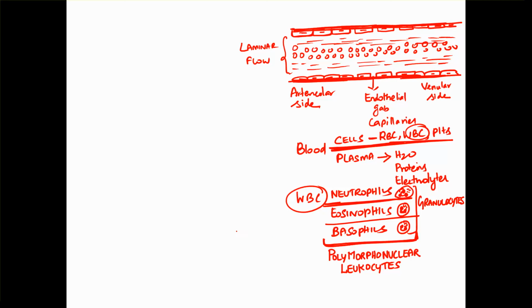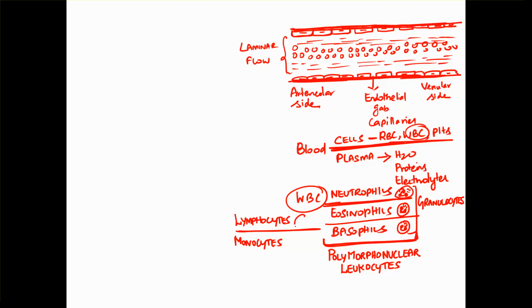The other two types of cells are called lymphocytes and monocytes. Lymphocytes have a single nucleus. On light microscopy, granules are not seen normally.